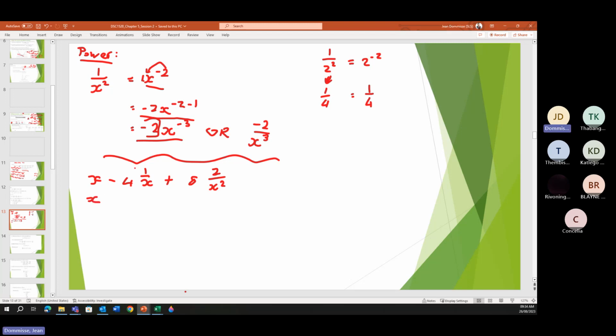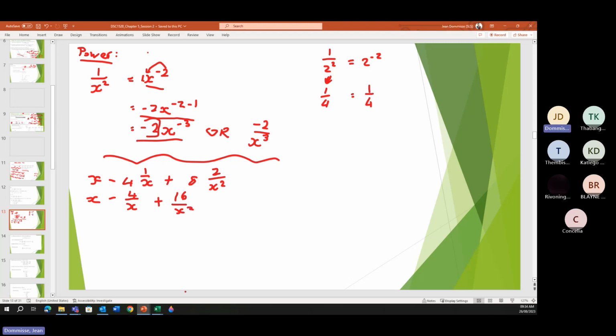So let's just simplify that by multiplying by the 4. I haven't taken the fraction away. I'm just, as a first step, making it easier for me to go to a fraction or leave out the fraction stage. So 8 times 2 gives you 16 x to the power of 2.